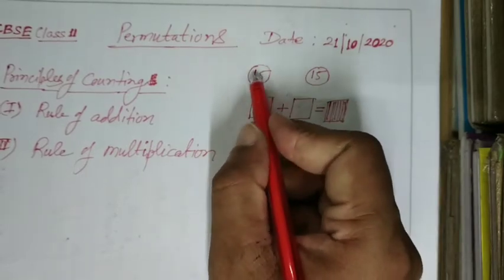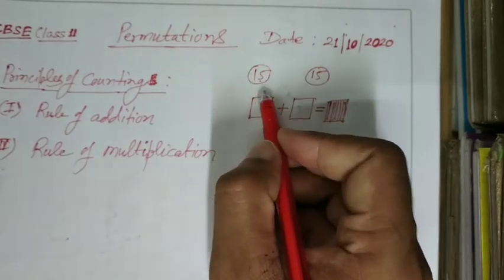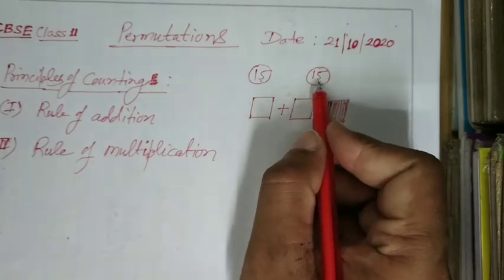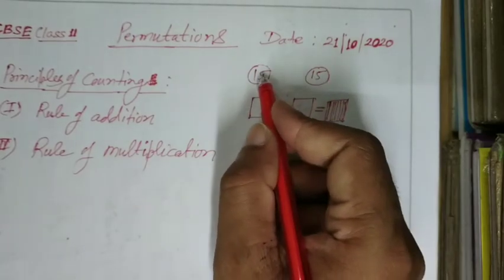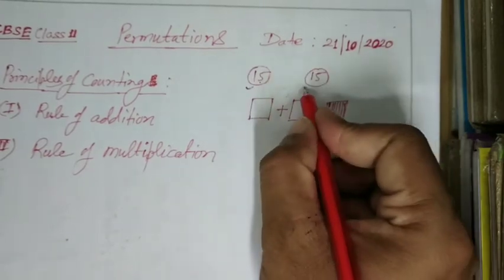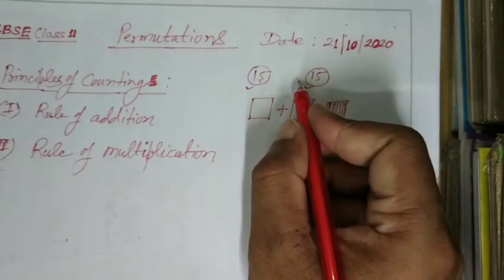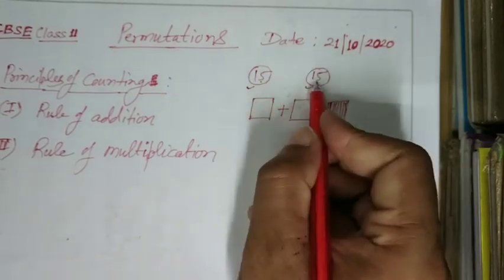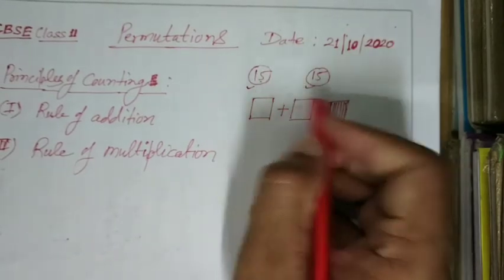Any of the 15 boys can be selected as monitor or any of the 15 girls can be taken as monitor. So 15 ways you can select among boys and 15 ways among girls, and any one particular selection completes your task.